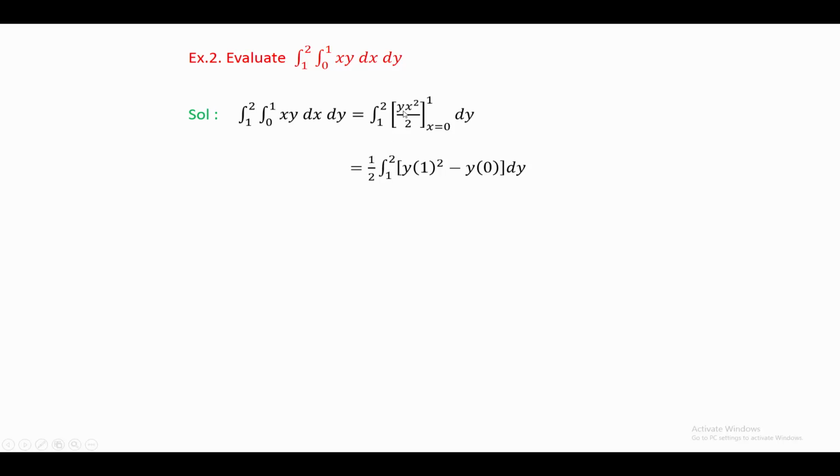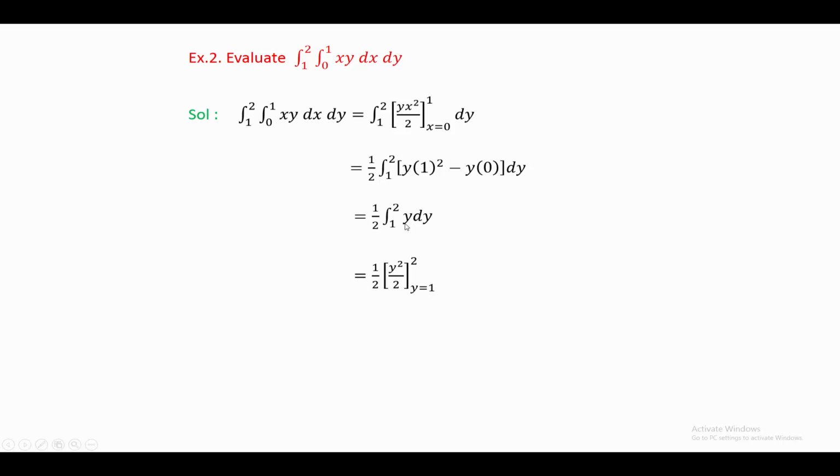Now here y is constant. Put the value of x as 1, so 1 square, minus, put the lower limit x is 0, so y into 0, dy. Therefore it equals 1 half integration from 1 to 2 of y dy. Now the integration of y is y square by 2.